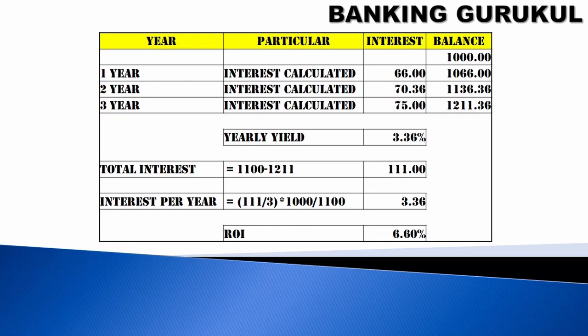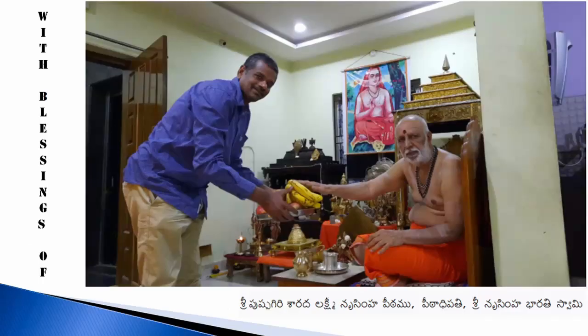In my previous scenario, my rate of interest was 6.6% but my yield was 7.05%. But here my rate of interest, my return, is 6.6%, but my yield is 3.36% only. So this is how to calculate yield for a deposit and for a bond. I have clearly mentioned it in my examples.